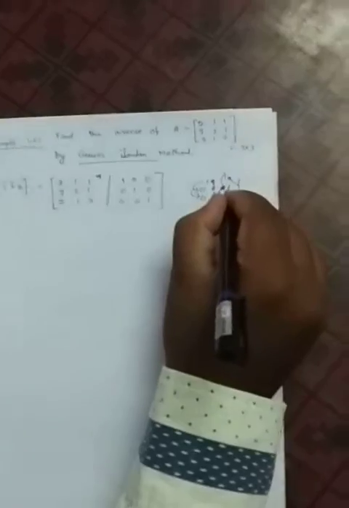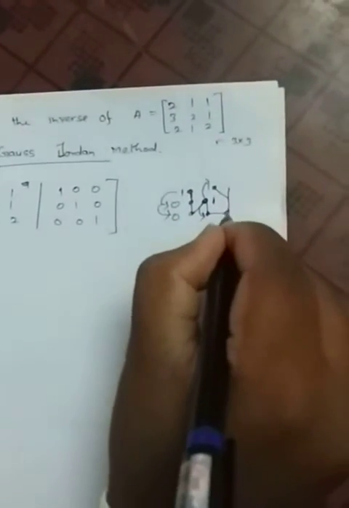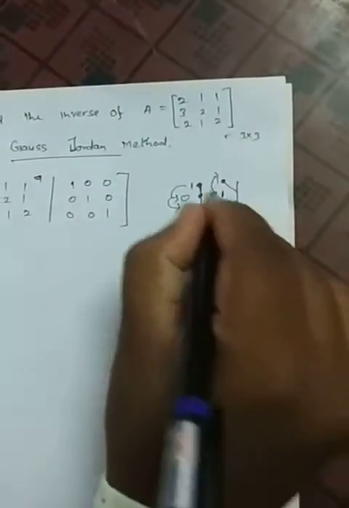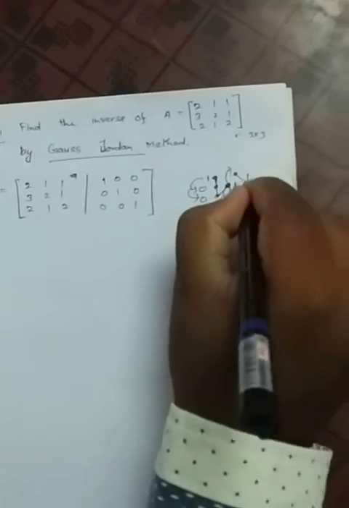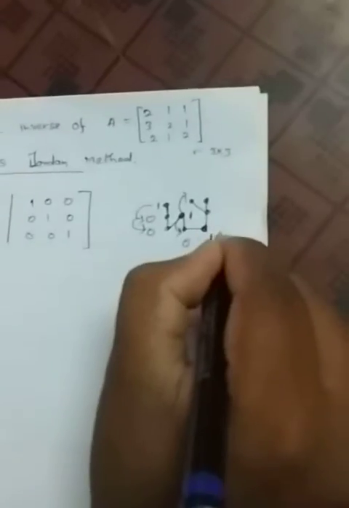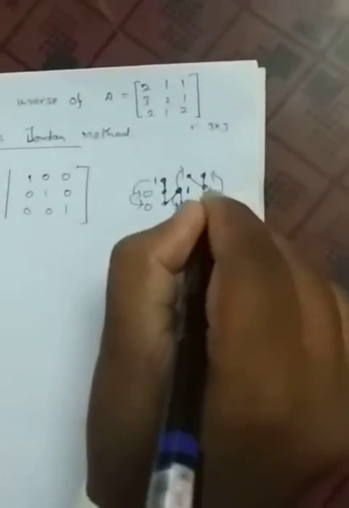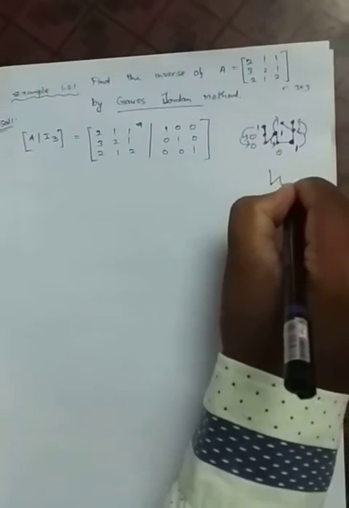Then make this one a 1. Diagonal entries should be 1. After making this a 1, make these 2 entries 0 with the help of this one. Then the task will be easy. See, ya shape, keep it in mind. Like this it should become.